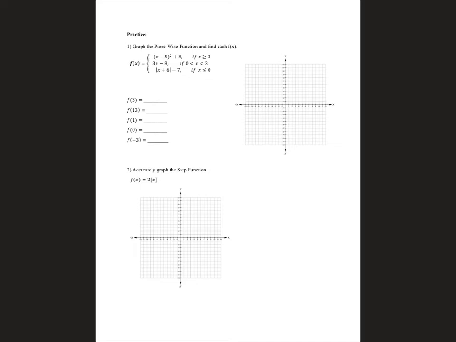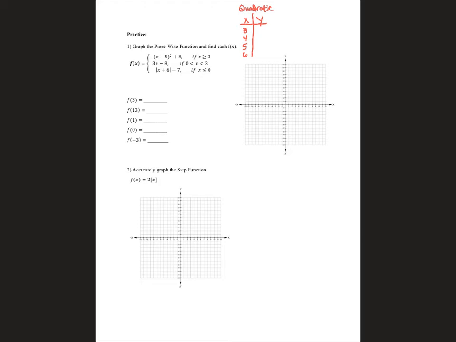So let's go ahead and start by plugging in values for our first table, which will be for our quadratic. We have x has to be greater than or equal to 3, so I want 3 and then values bigger. So let's start with 3, 4, 5, and 6.